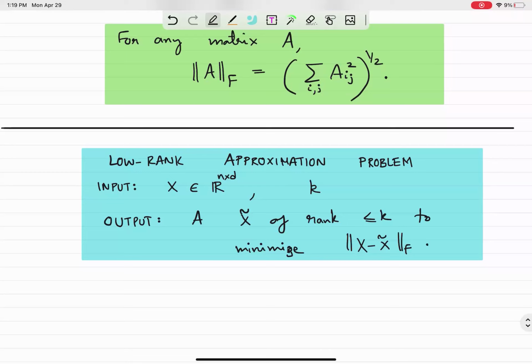Among all matrices of rank at most K, find me the matrix which gets the least Frobenius error from my input matrix. So that's the low rank approximation problem.